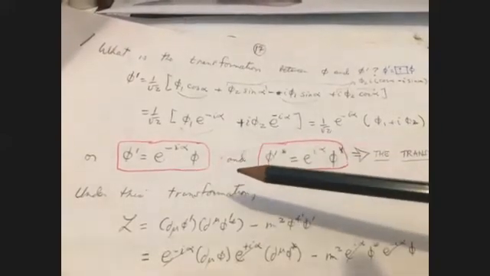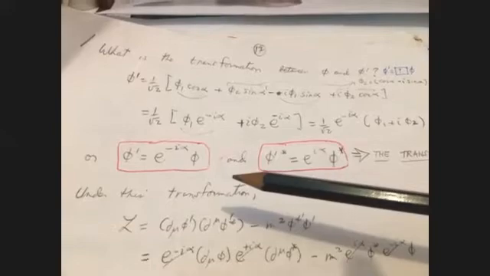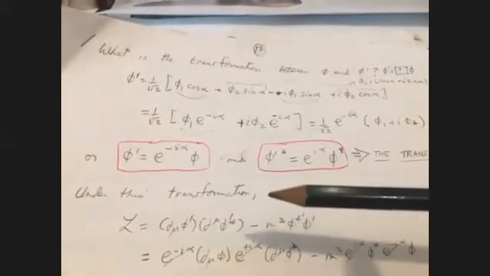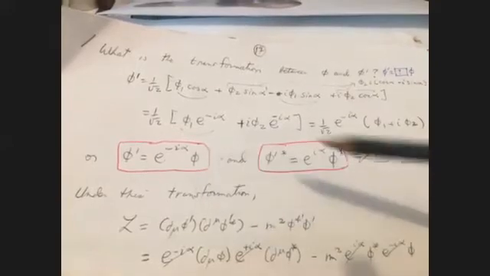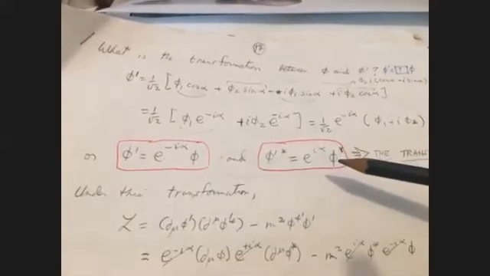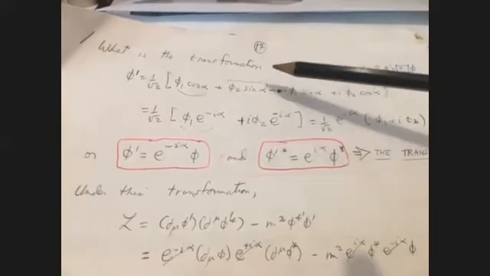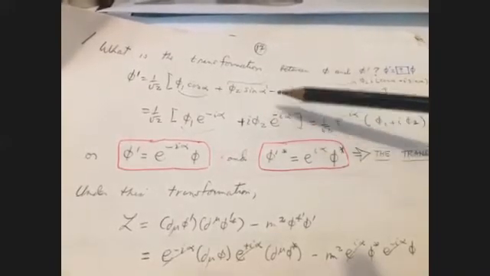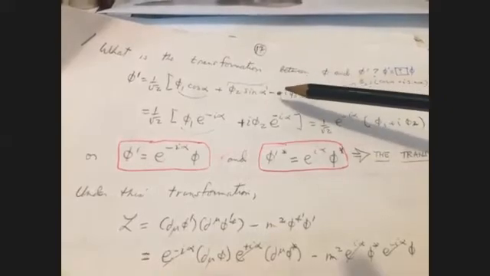And when we say transformation of the phi matrix of the phi fields, it's actually some sort of a phase shift. The two lines above are just the calculations that could be done.